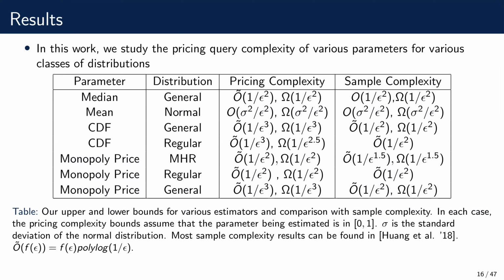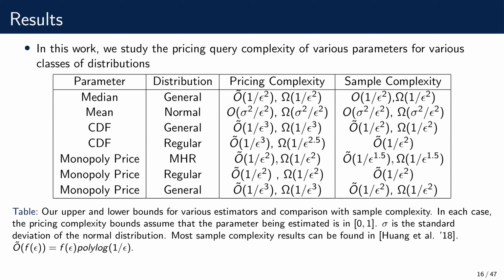The results are summarized in the table shown here, and we may notice that for some specific cases, such as learning the mean of a normal distribution with the mean bounded between 0 and 1, the pricing query complexity and the sample complexity are exactly the same. For some problems, like learning the monopoly prices of regular distributions, the pricing query complexity and the sample complexity are close up to a polylog 1 over epsilon factor.